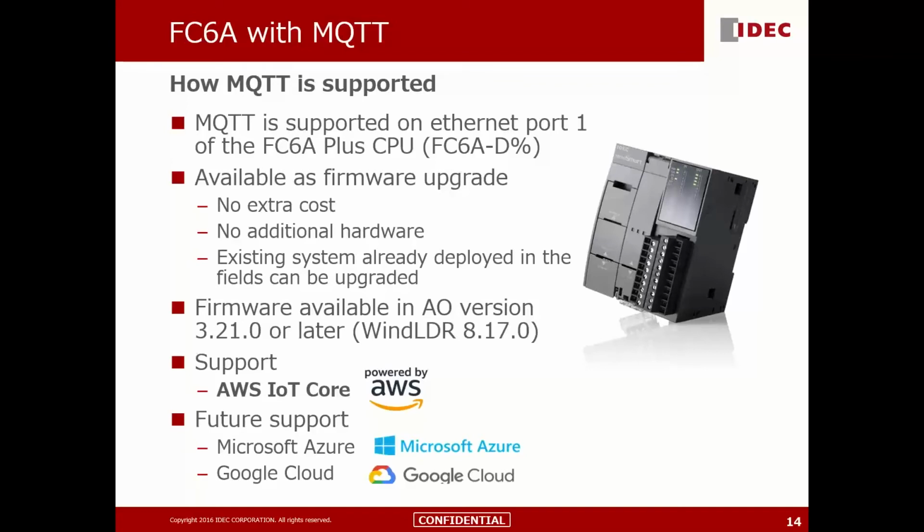Okay, so right now we only support AWS. As for future support, we're still planning and working to make sure that we can support Microsoft Azure and also Google Cloud. Okay, so future support will be for Microsoft and Google. Right now, AWS only.